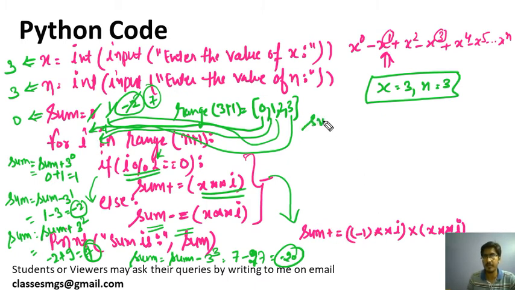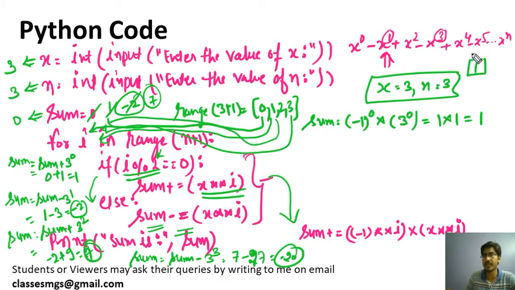So sum will become minus 1 raised to power 0 into 3 raised to power 0. Minus 1 raised to power 0, anything raised to power 0 is 1 only. And 3 raised to power 0 is 1. So sum value will become 1 initially.